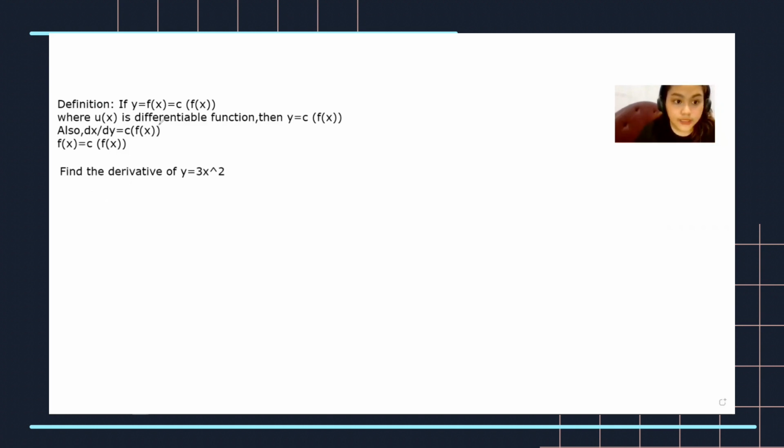Always remember this one: y is equal to c. Multiply.